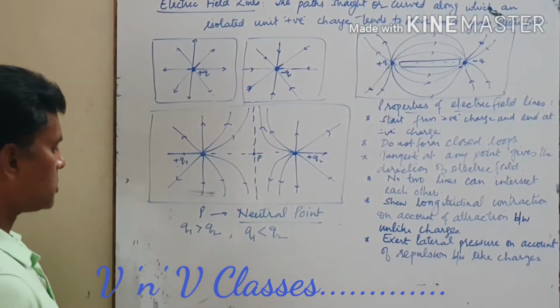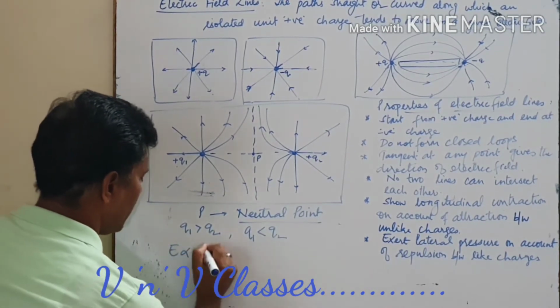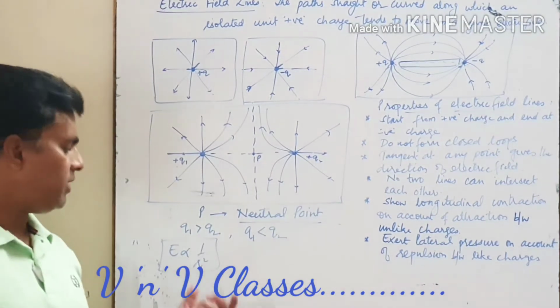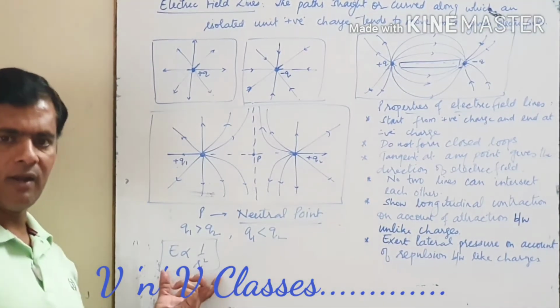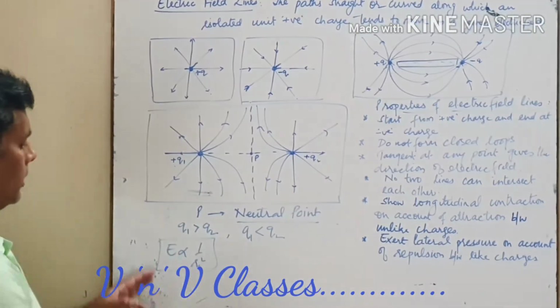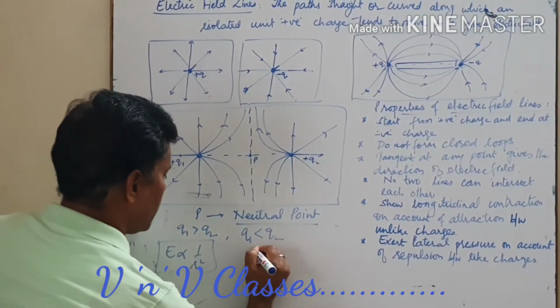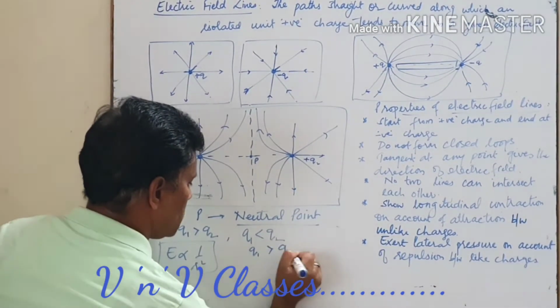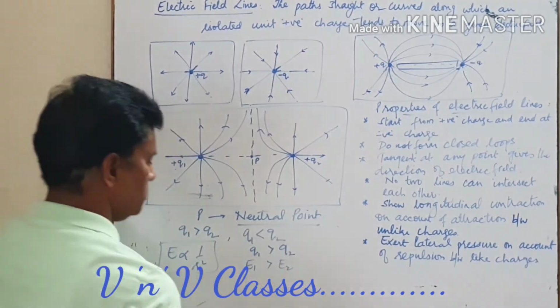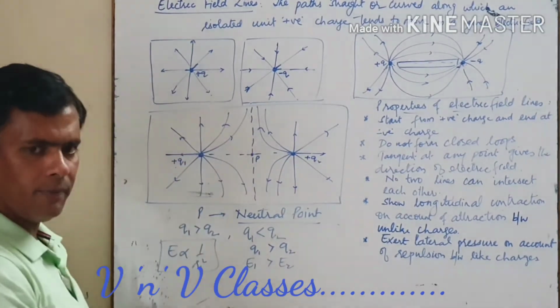You can very easily understand that the field we had taken as inversely proportional to r square. In the previous video, we had worked out the formula for electric field that shows that it is inversely proportional to r square. Now, if q1 is greater than q2, then field E1 is greater than E2 if we take the same distance.